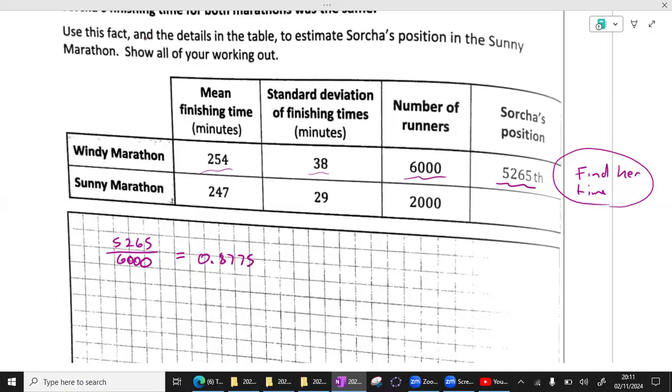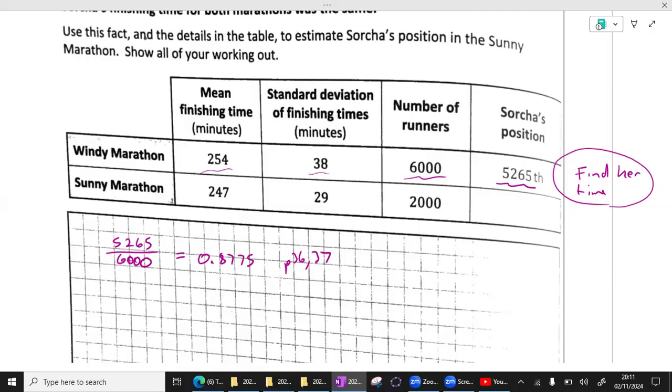Now, of course, if it's a four-digit number, a percentage or a decimal, we find it on page 36, 37. Remember that this is not a z-score now. This is our decimal or our percentage. It's our probability, because probability can be written as a percentage or a decimal.